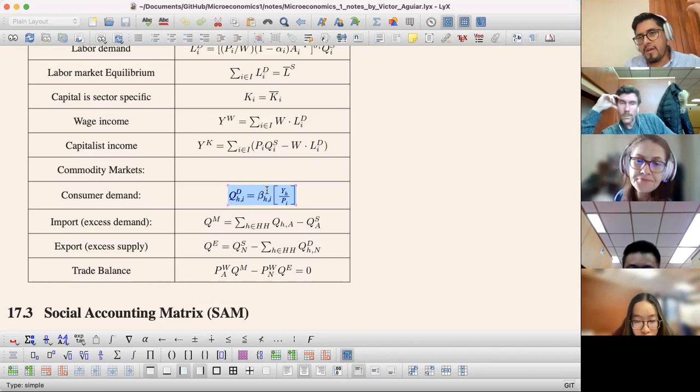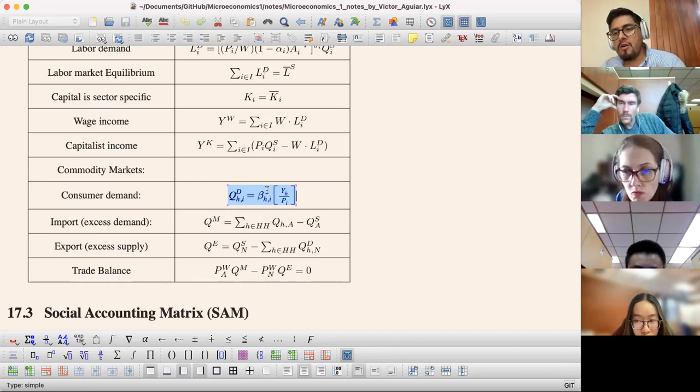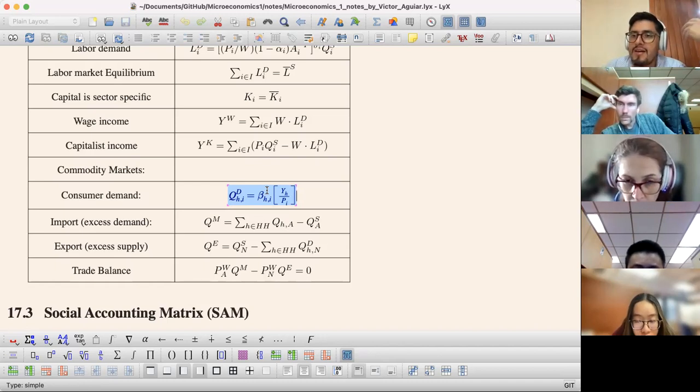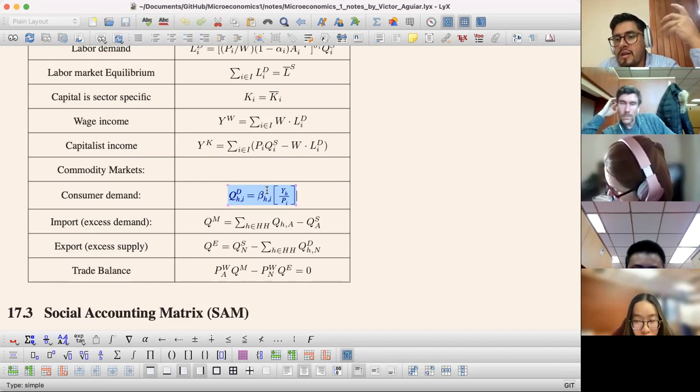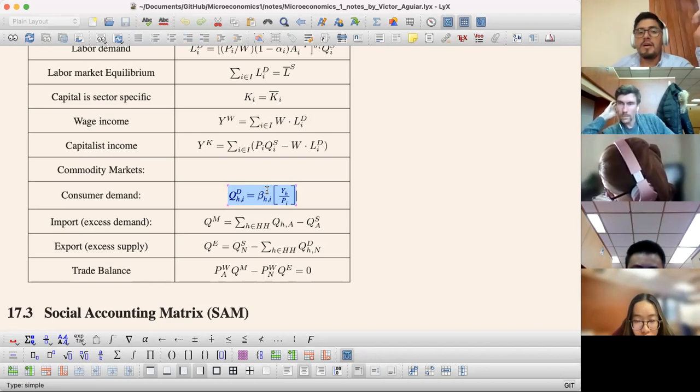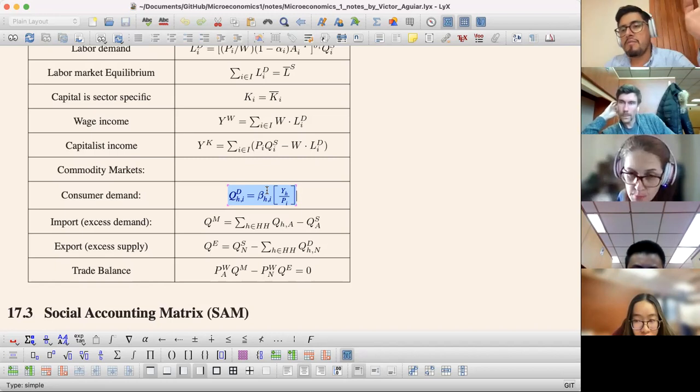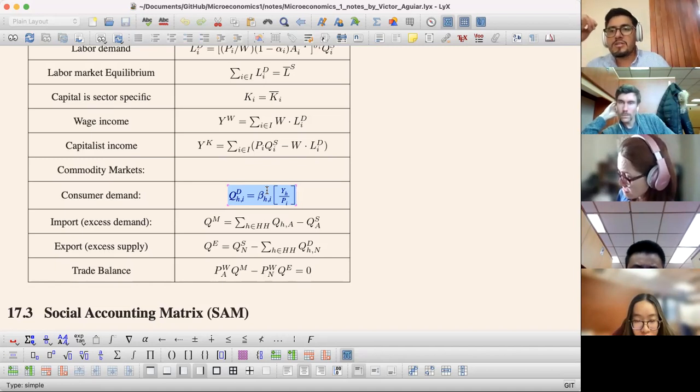So, all of these equations allowed our ancestors, our previous economists, to put this into a computer, put this into an equation, a regression that you can estimate, that you can calibrate, and then essentially you can map this to data from central banks or from local statistical agencies.